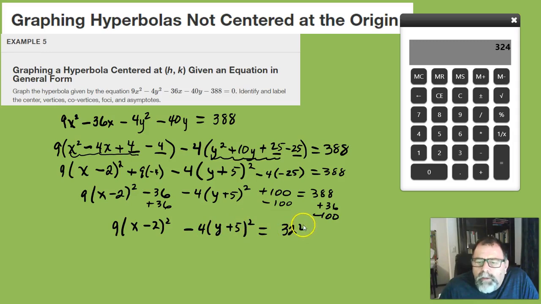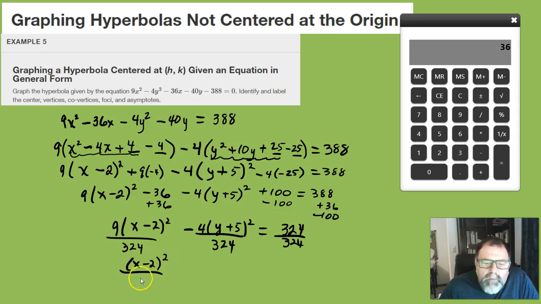Because I want this to be 1. So I got to divide everything by 324. Let's see, 324 divided by 9 is 36. So we get (x minus 2) squared over 36 minus (y plus 5) squared over 81, since 324 divided by 4 is 81, equals 1. Okay, now we're ready to graph.